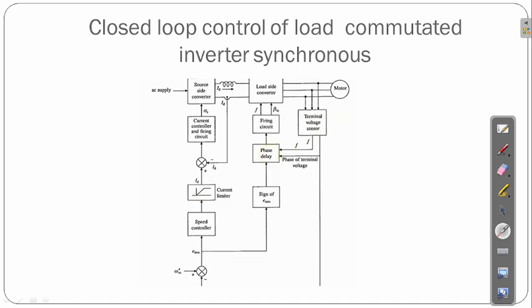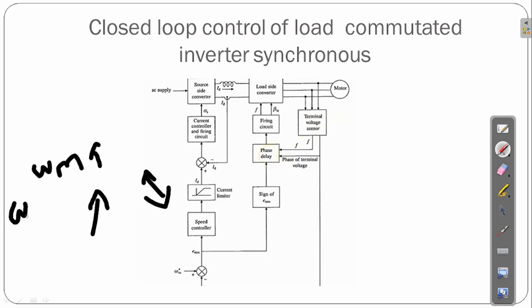It won't let the speed go over, and it won't give more current. As I said before, for increasing omega m this current limiter limits the current, and also when omega m decreases, the current limiter limits the current according to our application.